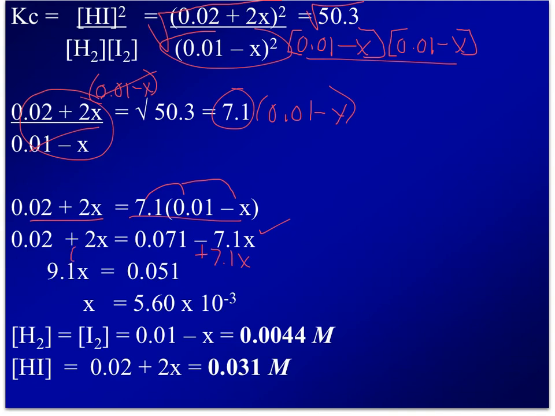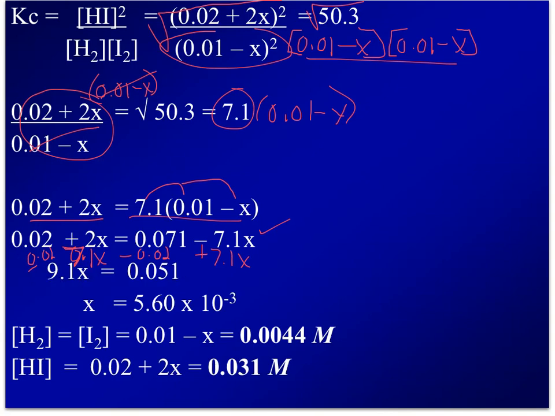Okay, so 0.71x, which gives us 9.1x. Then what we need to do is subtract 0.02 from both sides. Okay, and it gives us 9.1x equals 0.05.